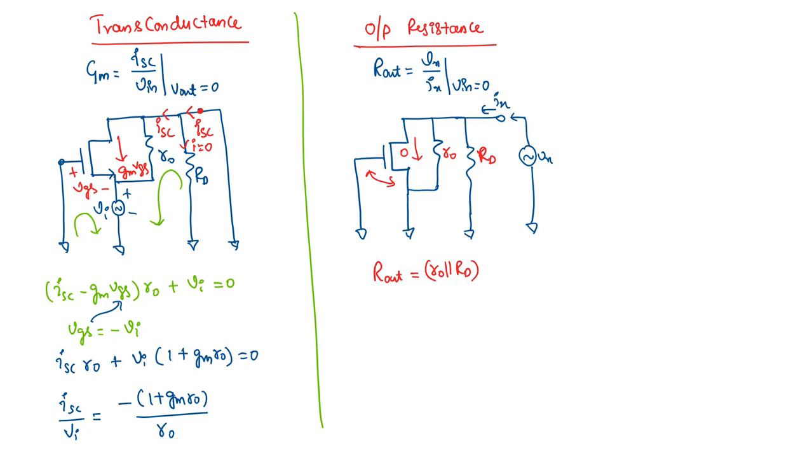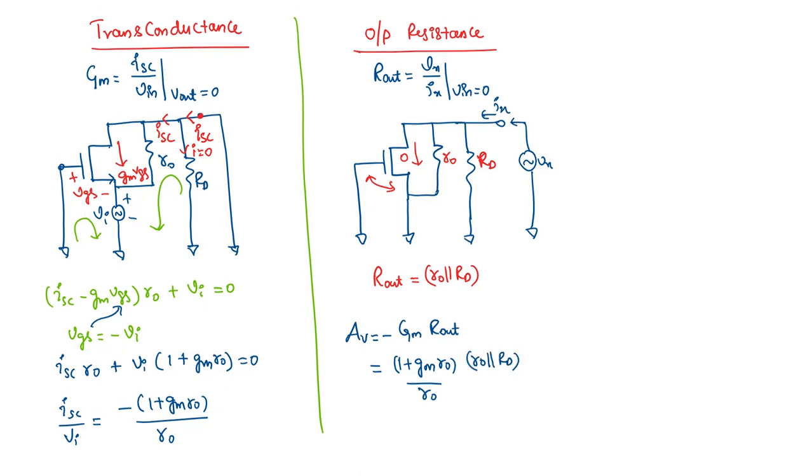Hence obviously by knowing transconductance and output resistance, we can verify the voltage gain that we got, which is minus capital GM times Rout, which should be equal to minus of minus plus, which is 1 plus GM R0 over R0 times R0 in parallel with RD.